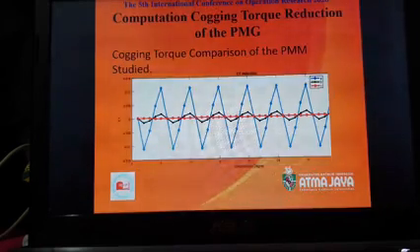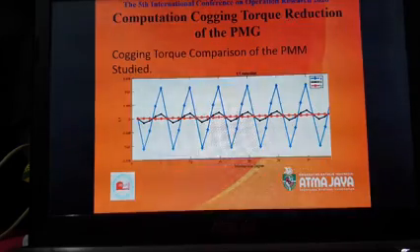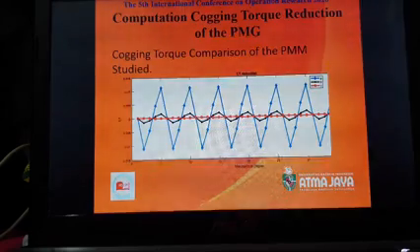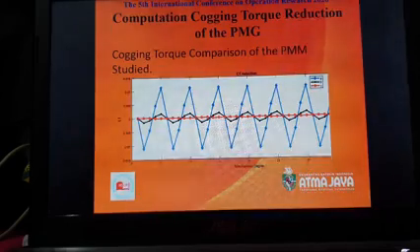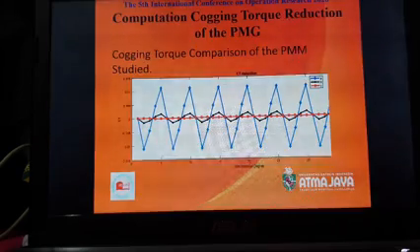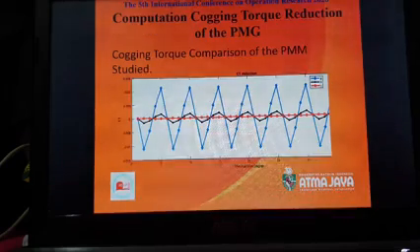Cogging torque comparison of the PMGs studied. As the CT of the PMG is reduced significantly, the performance of the PMG increases. Using FEMM 4.2, the CT reduction of the 3 dummy and 2 dummy structures was computed, and it was found to be around 98.73% and 84.66% respectively.